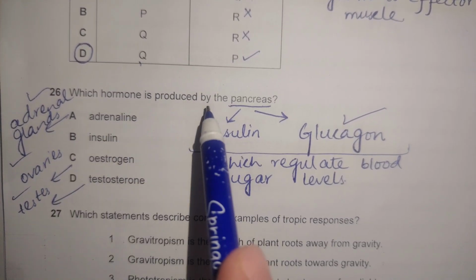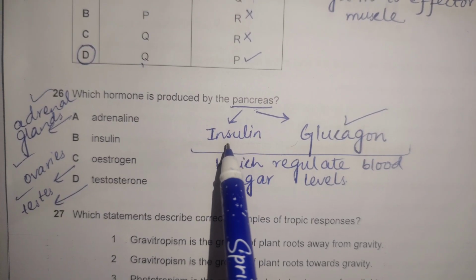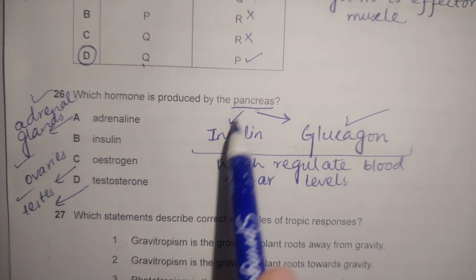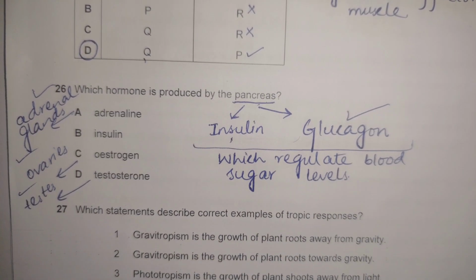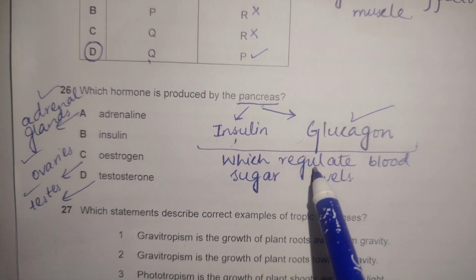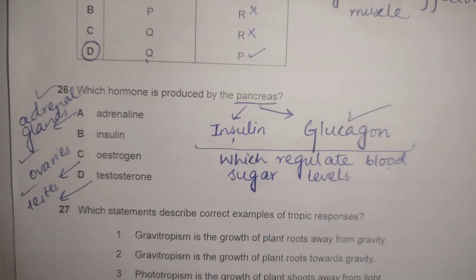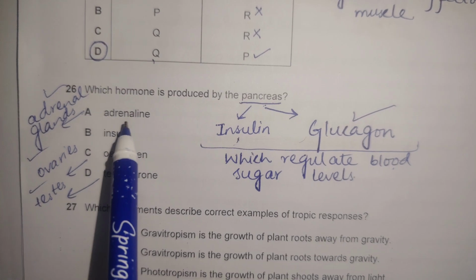Which hormone is produced by pancreas? So dear students, two hormones are produced by pancreas. One is insulin and the other one is glucagon. And both of these hormones help in regulation of blood sugar levels. So which one is correct answer?